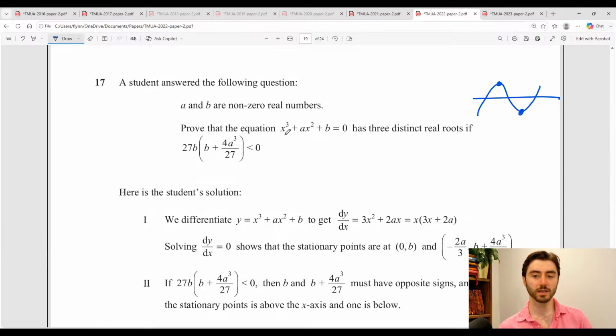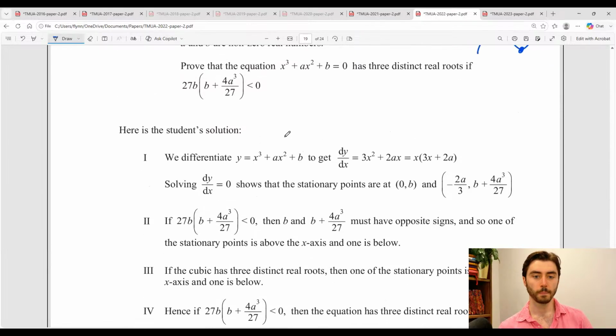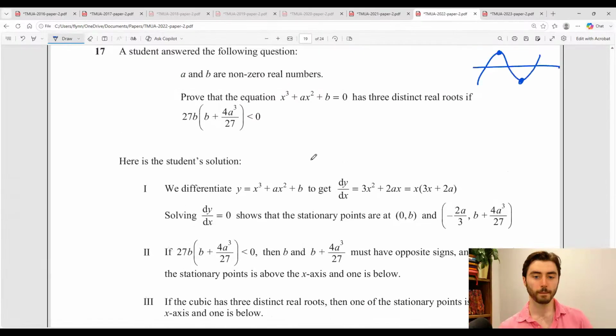Because it's a positive x cubed, we know the first one. In which case, I think they're saying A has to be negative. But the point here is you will notice that this guy and this guy, if you multiply them together, what they're saying here is it's less than 0. So in other words, these have opposite signs.